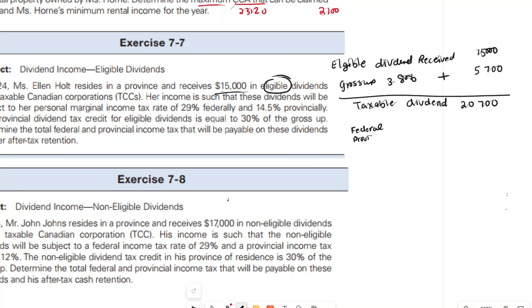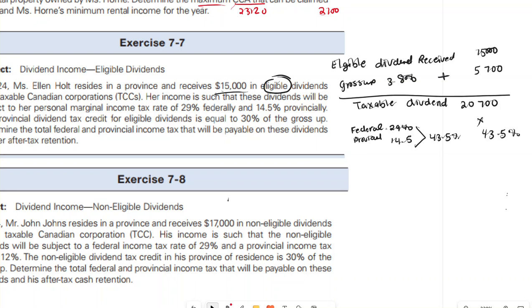If you are in Ontario, you will pay Ontario tax, and you will also pay Canadian tax. The federal tax this individual will pay is in a bracket of 29%, and provincial is 14.5%. Altogether, they are in a 43.5% tax bracket.